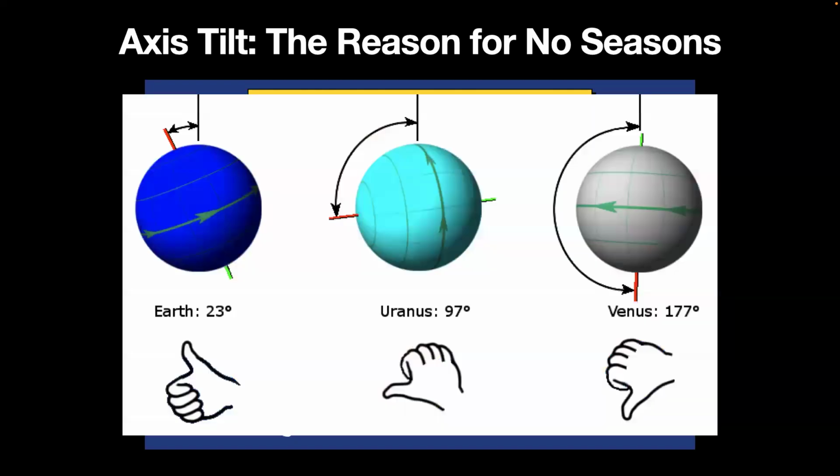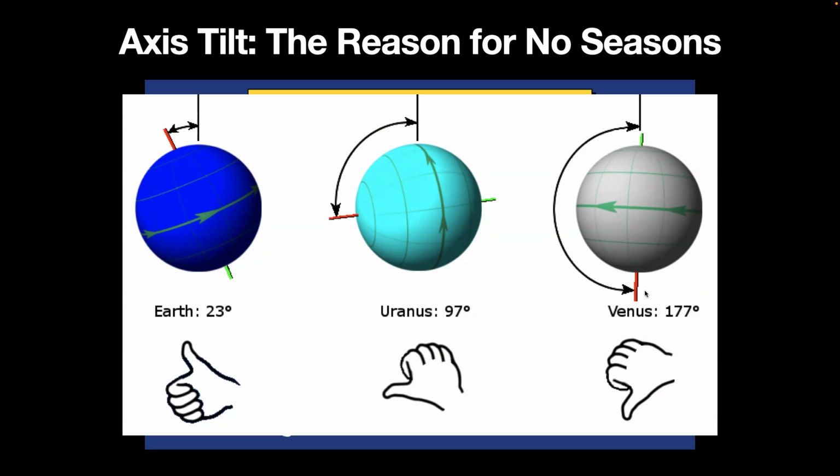Venus, though, rotates a little bit differently. It rotates clockwise instead of anti-clockwise like the rest of the planets. Sometimes its tilt is described not as only 3 degrees, but as almost 180 degrees, really 177, the most extreme tilt in the solar system.